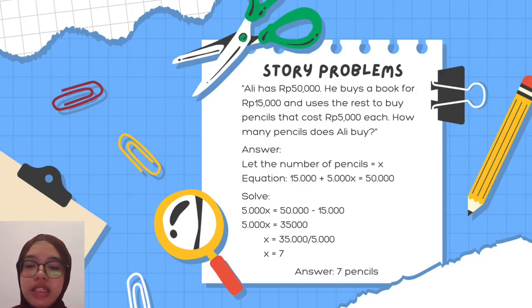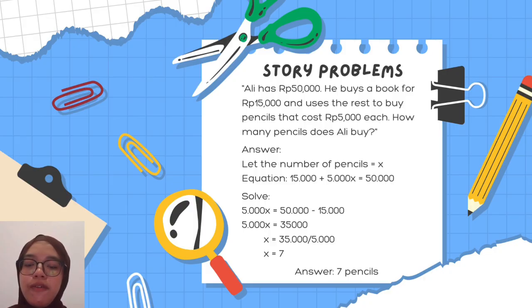The answer: let the number of pencils equal x. Equation: 15,000 plus 5,000 x equals 50,000.